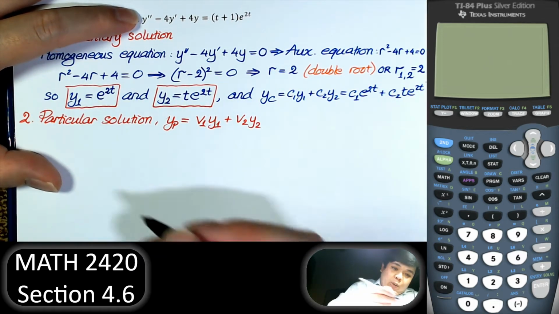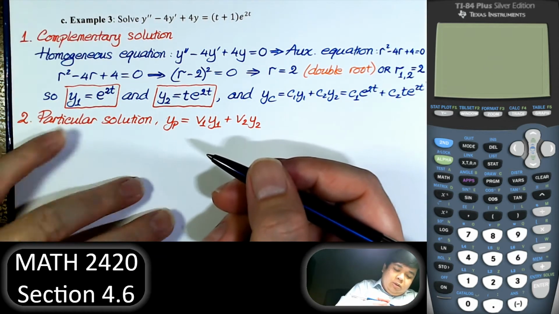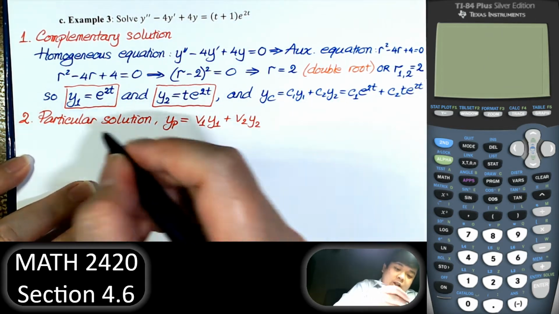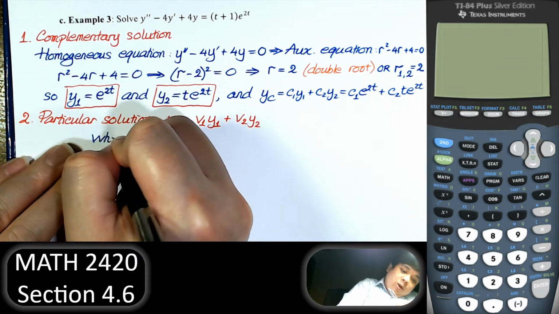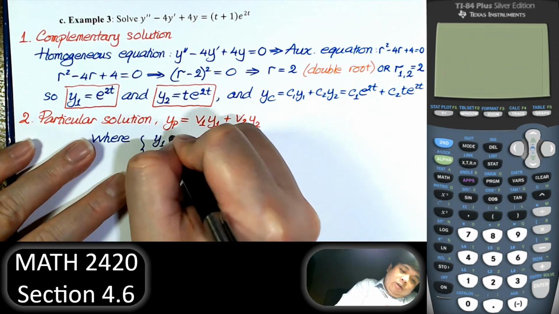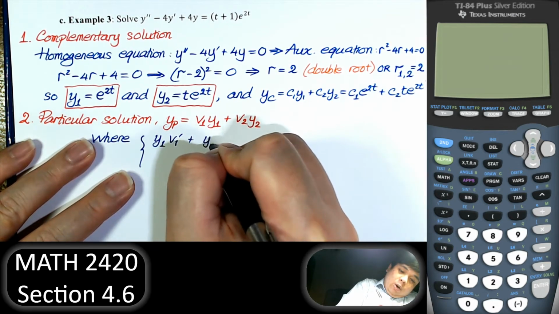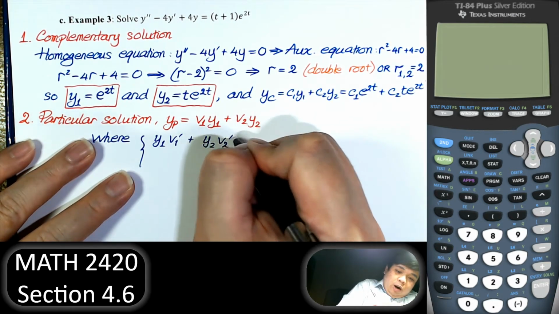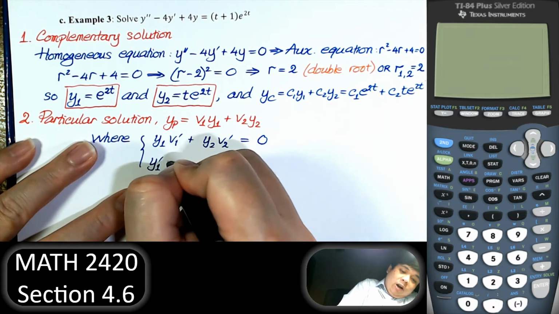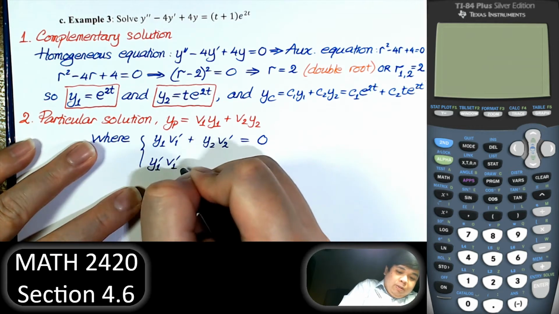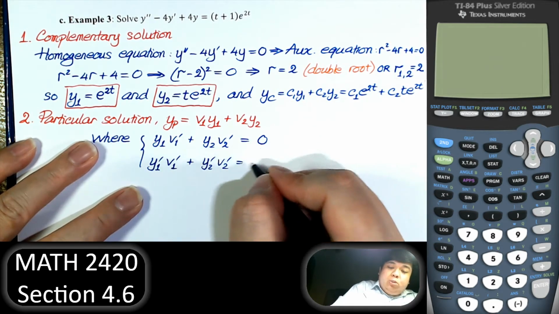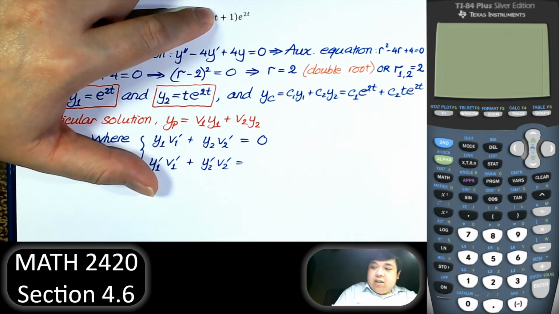So in this case, for v1 and v2, we have the system of equations: y1 v1 prime plus y2 v2 prime equal to 0, and y1 prime v1 prime plus y2 prime v2 prime equal to the input function, which is going to be that.